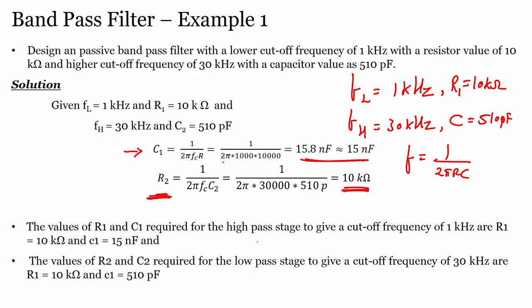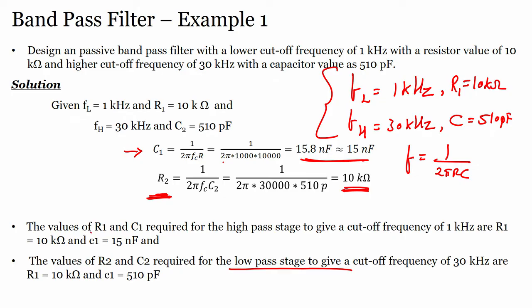So, from here what we find is that we can measure the value of R1 and the value of C1, given these unit values, alright, and the value of R2 and C2 required for the low pass stage.